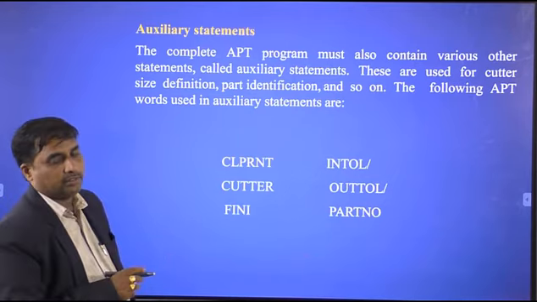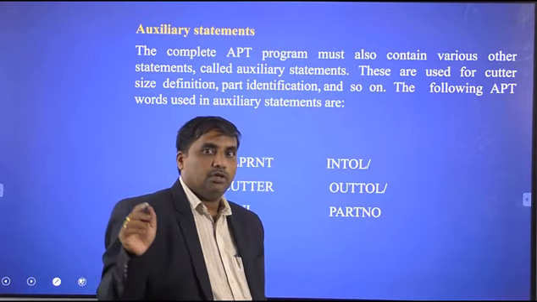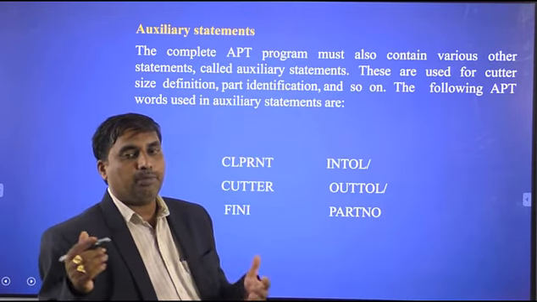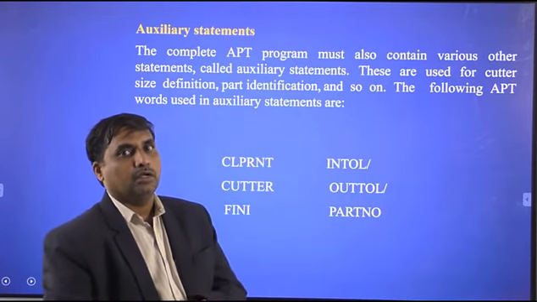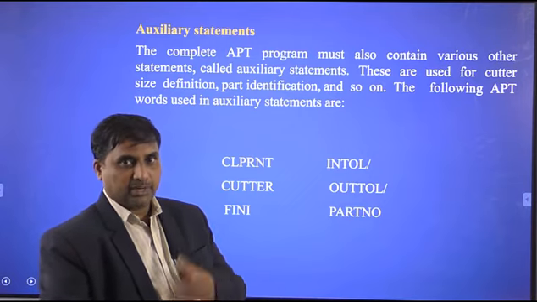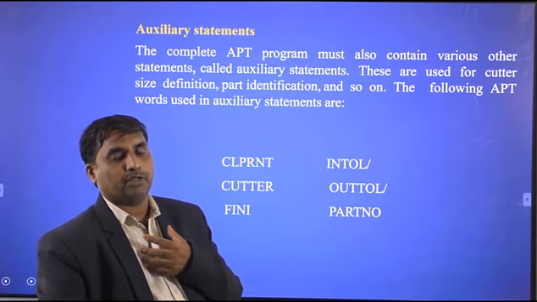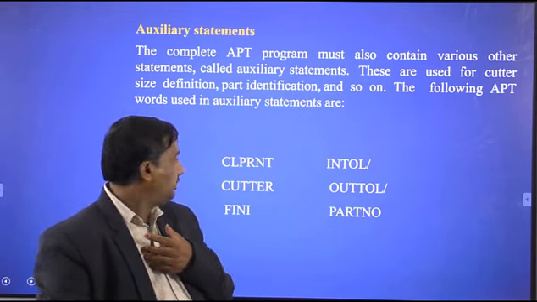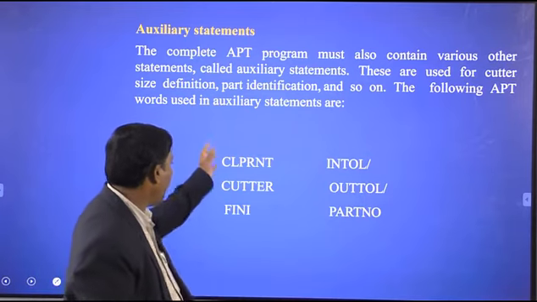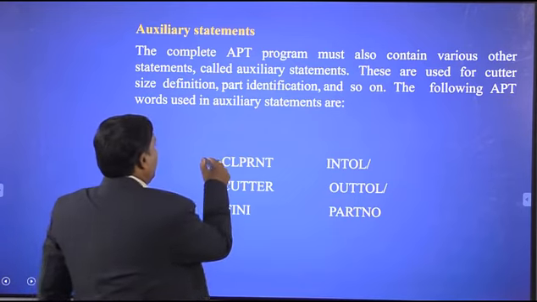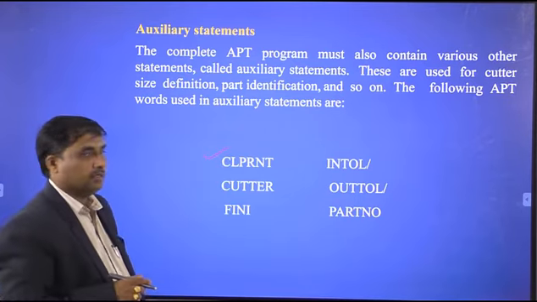Auxiliary statements are helping statements for the movement of the cutting tool, which help us in calculating the offset and other things. If you observe, here is CLPRNT.